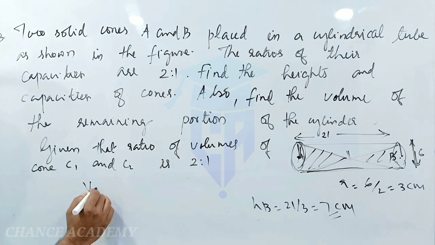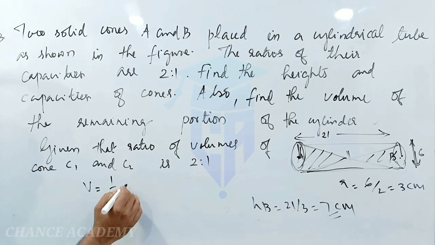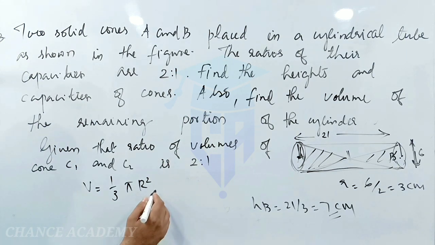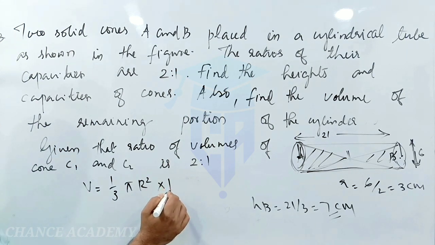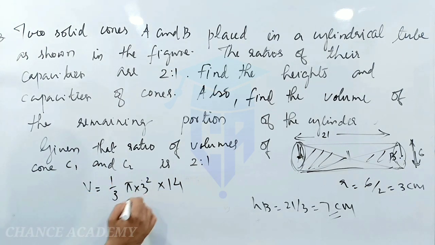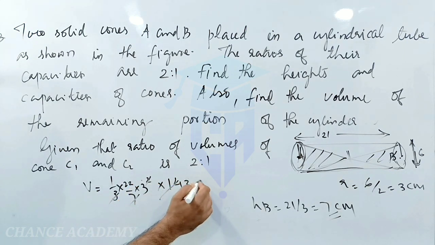We can find the volume using the formula 1 by 3 pi r square h. For the first cone, the height is 14 and r is 3, so substitute the values. Pi can be replaced with 22 by 7. The 3 gets cancelled, and 7 and 14 get cancelled.